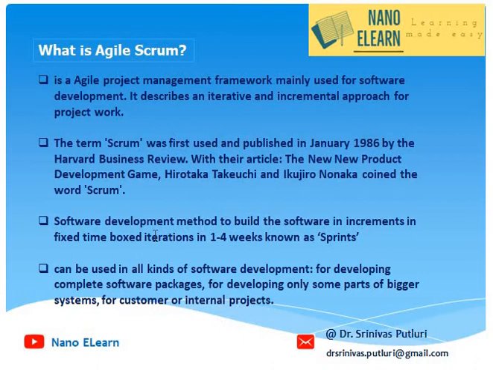Here the terminology is called as sprints. Sprints are equivalent to releases in traditional projects. This can be used for all kinds of software development, right from developing complete software packages to developing only some parts of bigger systems, also for customer or internal projects.